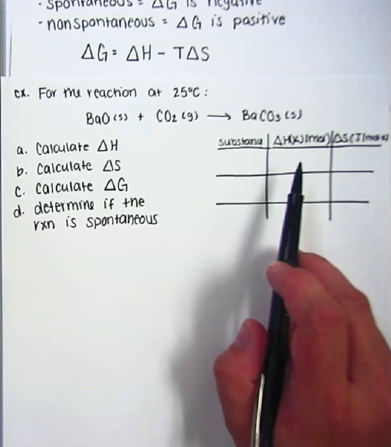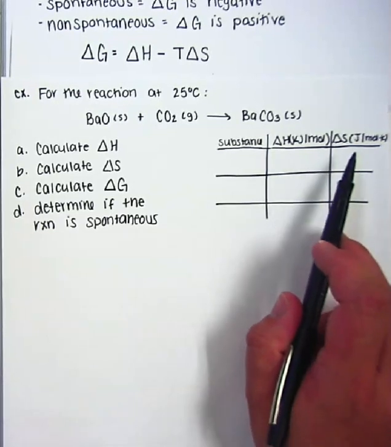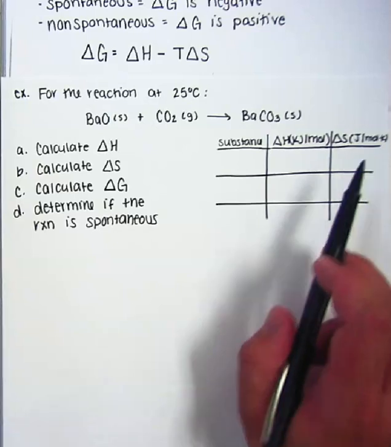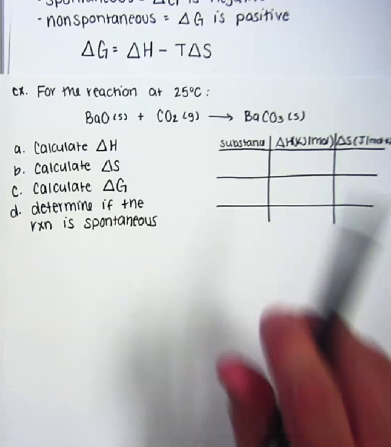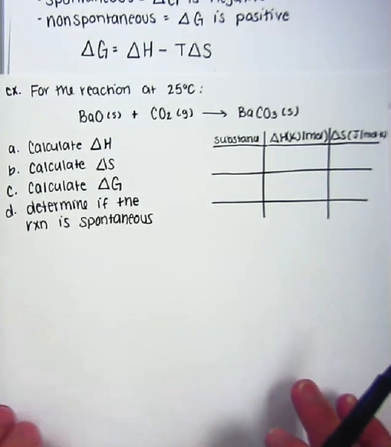Delta H kilojoules per mole, delta S joules per mole times Kelvin. Sorry, it's a little bit hard to see.